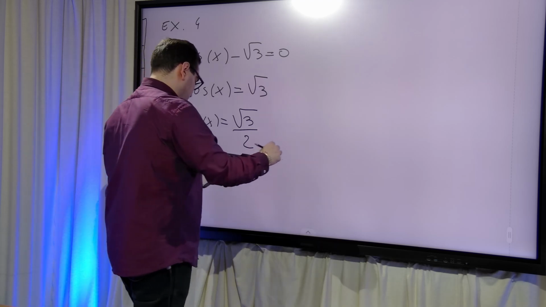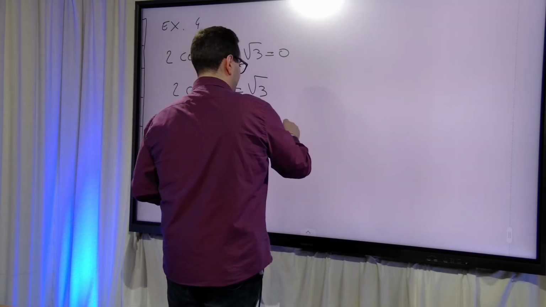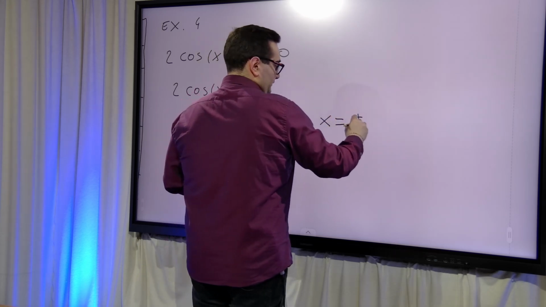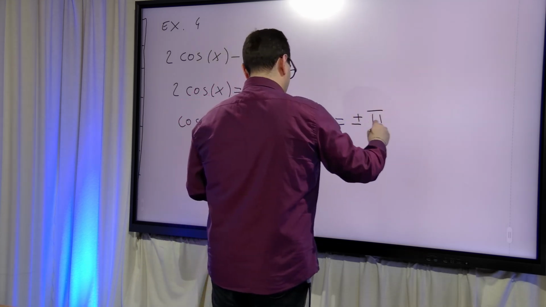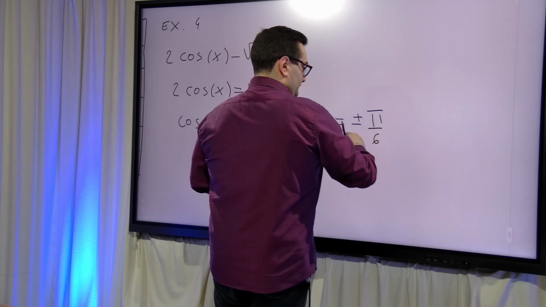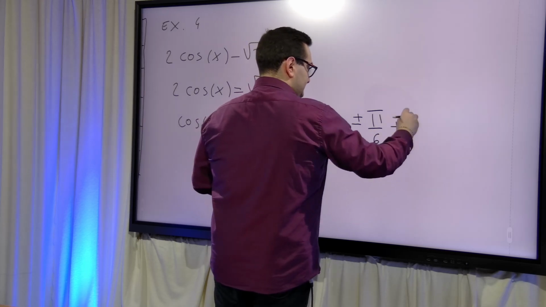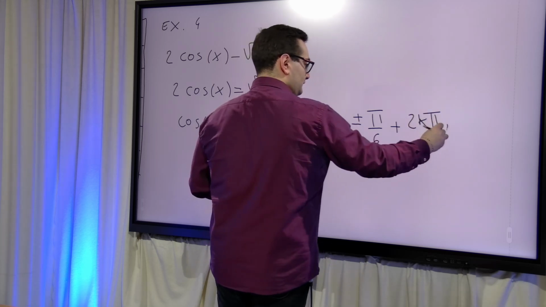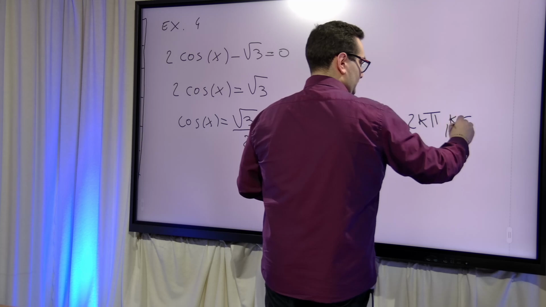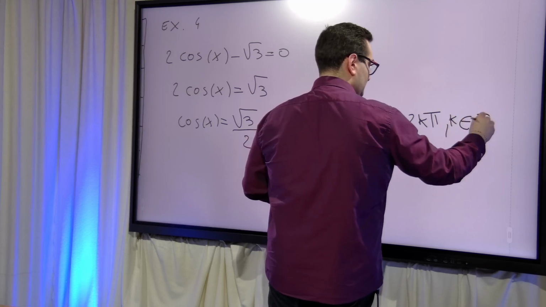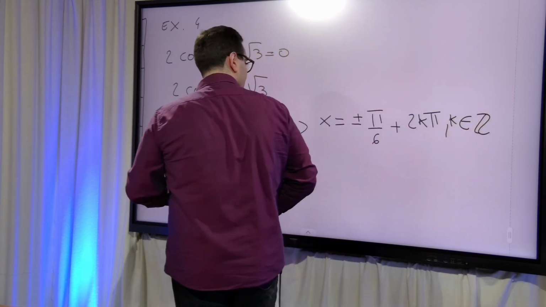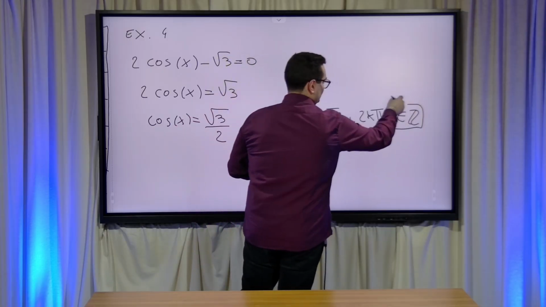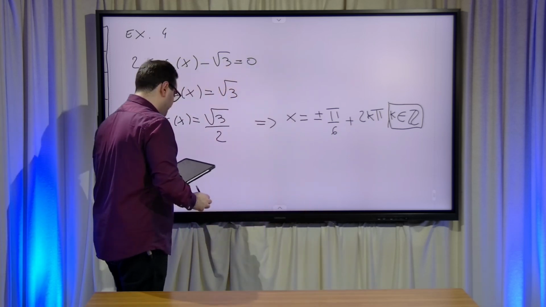So I'm going to write it here. x is equal to plus minus pi over 6 plus 2k pi, k belonging to Z. From now on, I won't write this part because it's always like that.